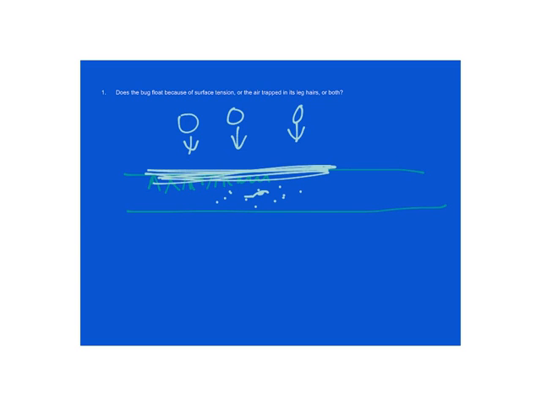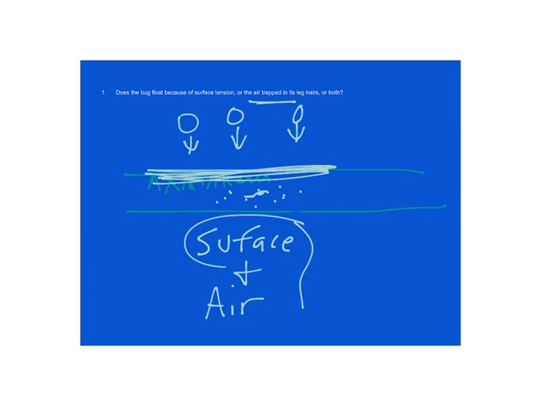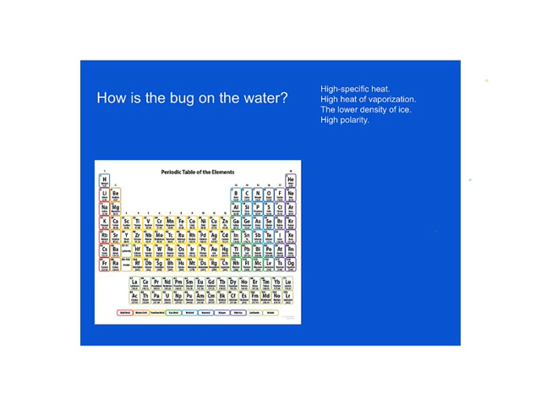And so the bug floats because of surface tension, and the bug also has air trapped in its legs. So it's both of those things. So surface tension and air. Now these things are called properties. These are properties of the water. The surface tension, or not the air part, but the surface tension is a property of water. And now we need to talk about the other ones too.